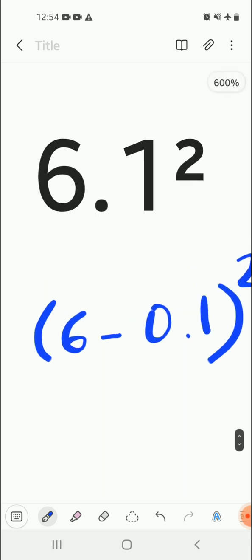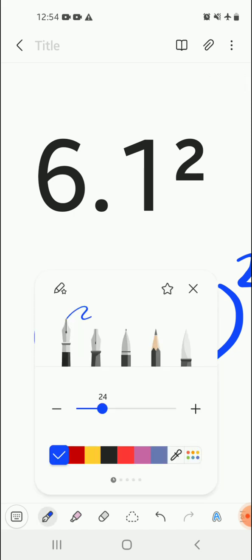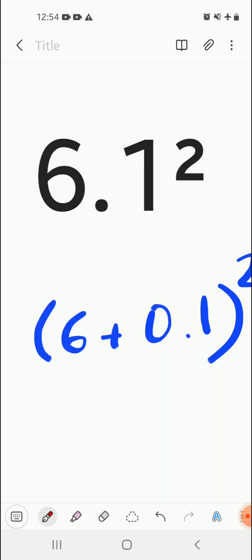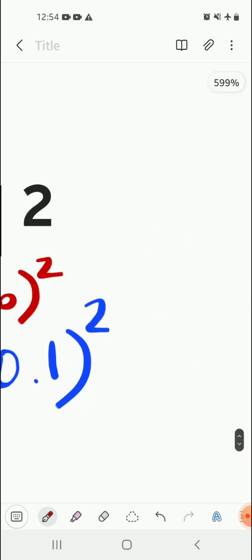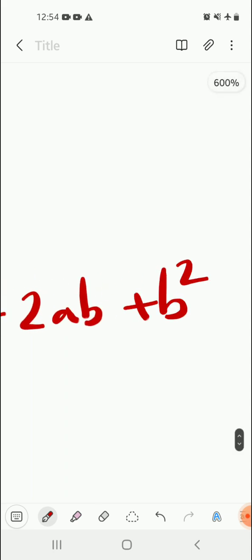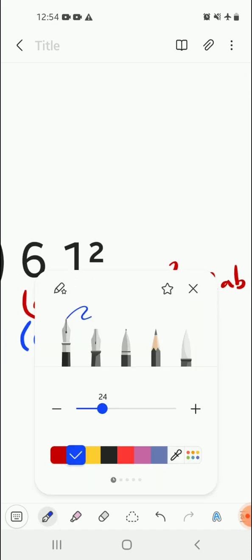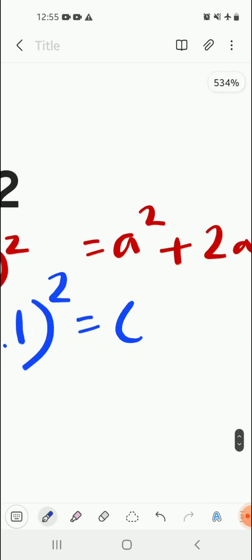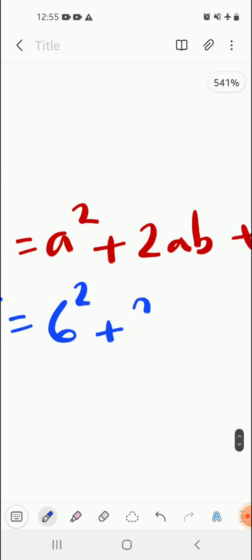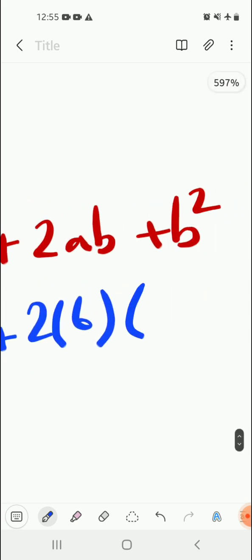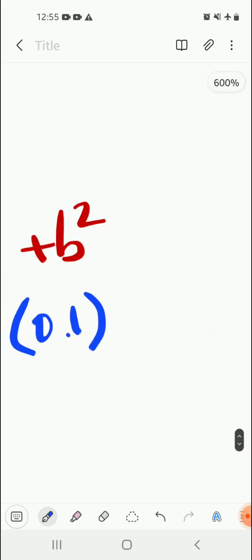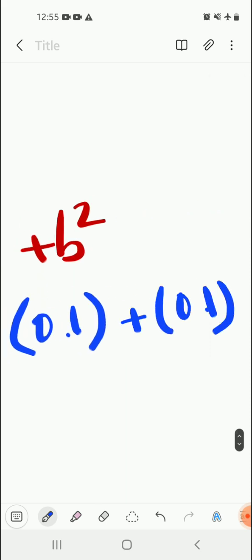So this is basically the a plus b whole square formula, which is a square plus 2ab plus b square. So here a square is 6 square plus 2ab plus b square, 0.1 square.